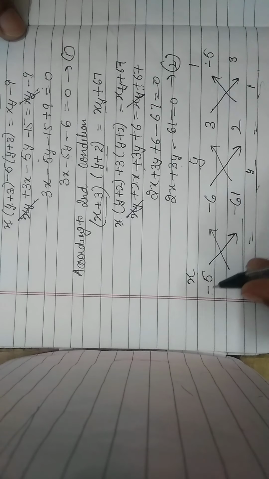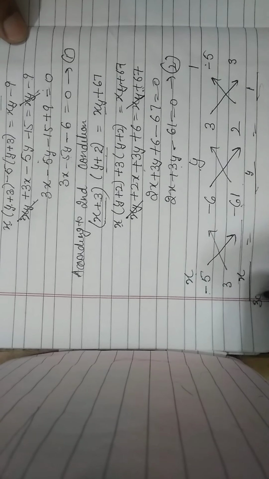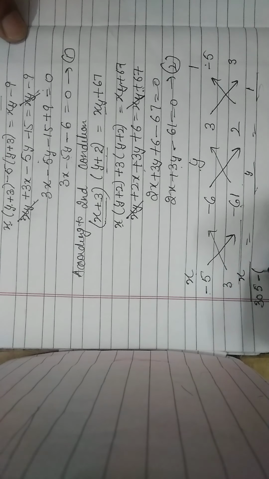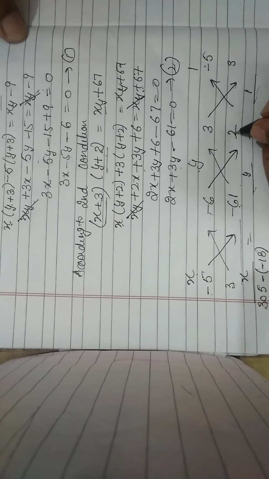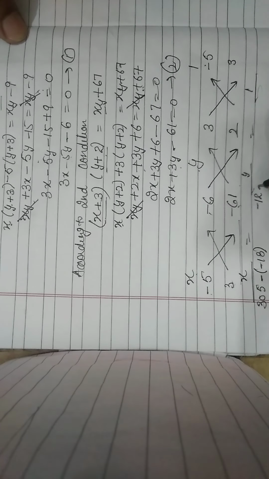Now taking the first two terms. Now -5 is multiplied by -61, so 305 minus, written in brackets, -18. Now -6 times 2 is -12. Write the sign of minus.